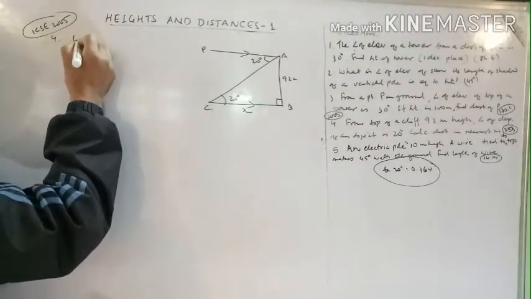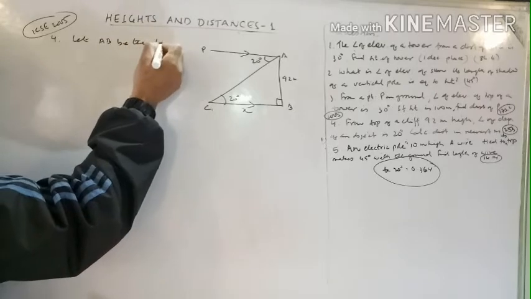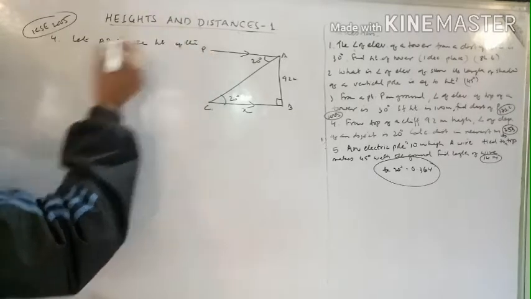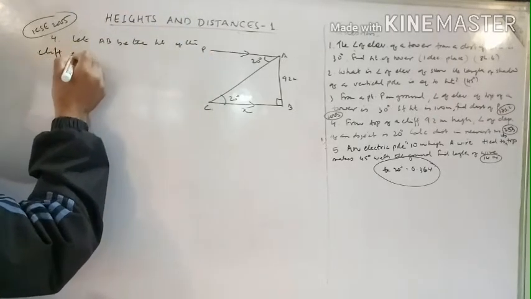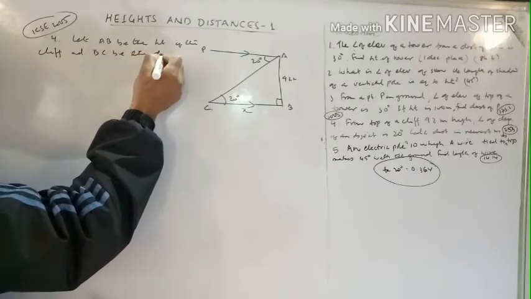So define the diagram. Let AB be the height of the cliff and BC be the distance.